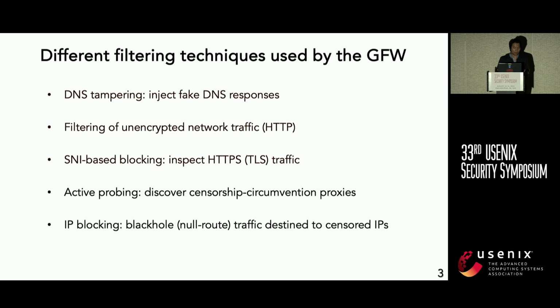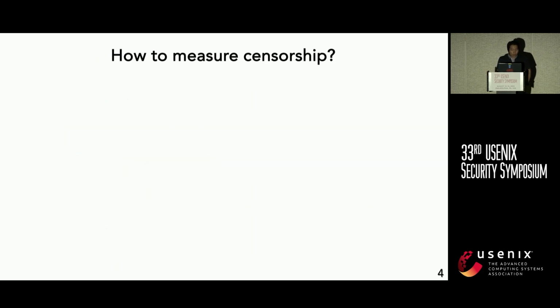Among those techniques, in this work we focus on 3 types of filtering: DNS, HTTP, and HTTPS, because these are the foundational protocols that run the web. Every time you type something into your browser, it will involve at least 1, 2, or even all of the 3 protocols here.